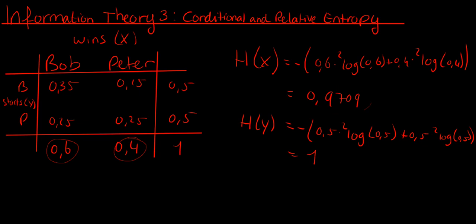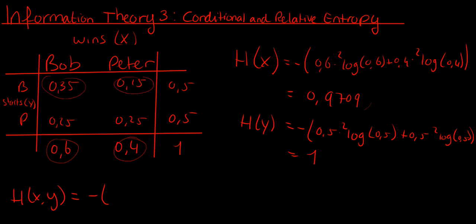This is all good. Now, we know the entropy of X, we know the entropy of Y. Now let's calculate the joint entropy of both X and Y, which is the minus, and now we look at the values inside the table.